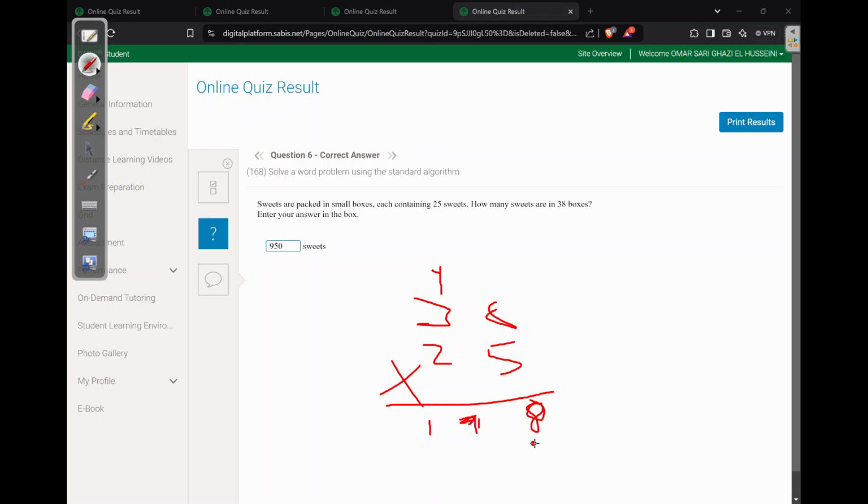Okay, now 0 here. 2 times 8 equals 16. Now we add that 2 times 3 equals 6. We add that 1 equals 7. Plus that's 5 here. 8 here. And that's 0. Here's 0 here. And now we add the 1 here. That's 950.